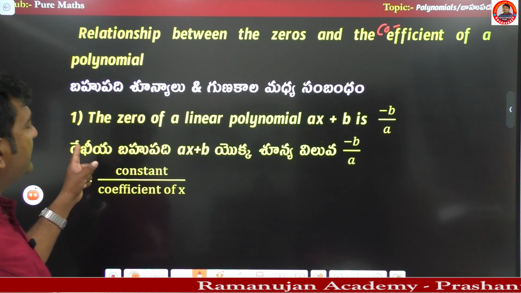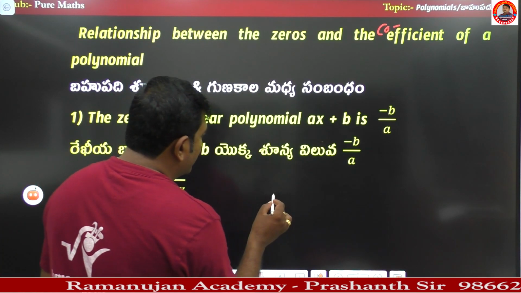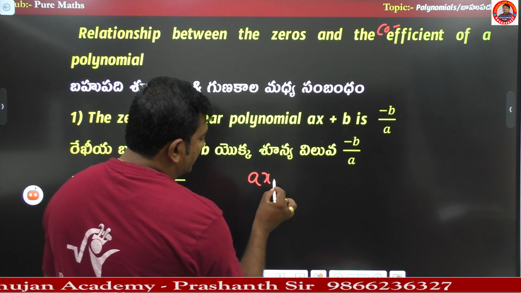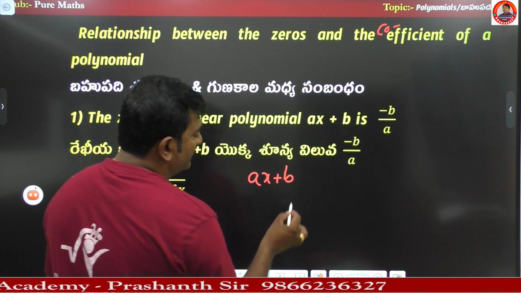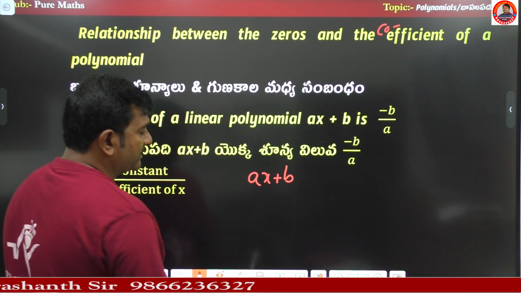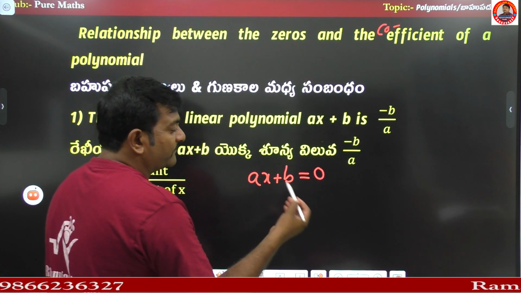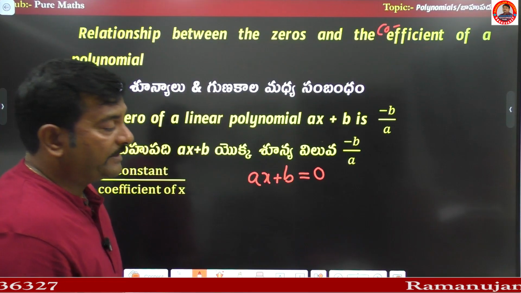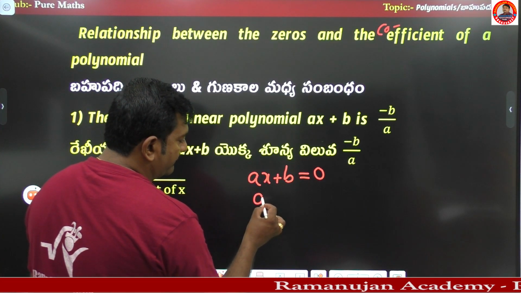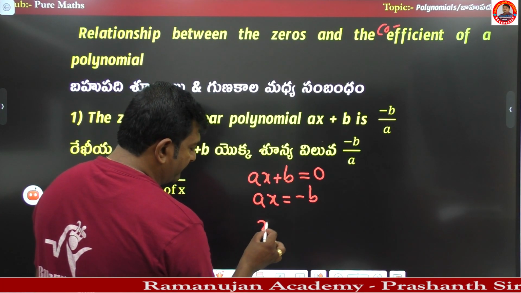First one is that zero of a linear polynomial ax plus b is. You take one polynomial, ax plus b. Shall I say ax plus b is said to be linear polynomial? Yes. Now we'll try to find out the zero of this polynomial. In order to find out the zero of this, we will try to find out the root of this polynomial. In order to find out the root of ax plus b is equal to 0, from that ax is equal to minus b.